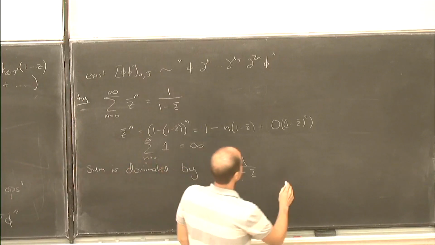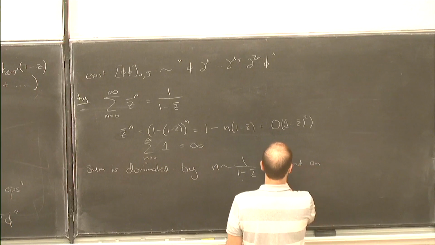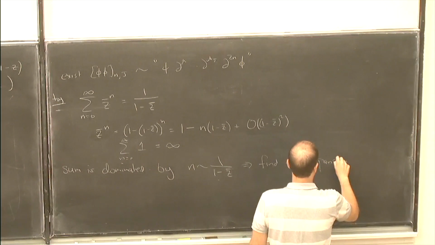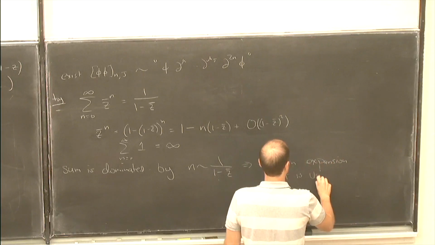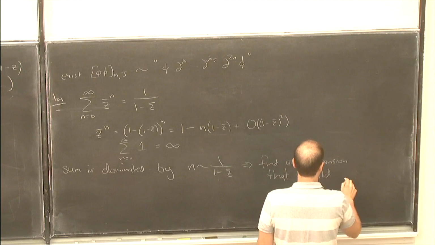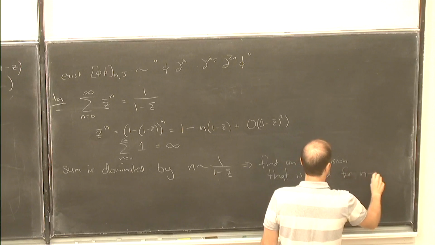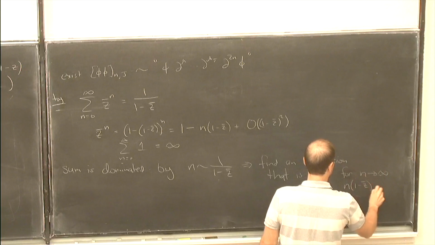What we should do instead is find an expansion that is valid for n large with n times 1 minus z bar fixed.